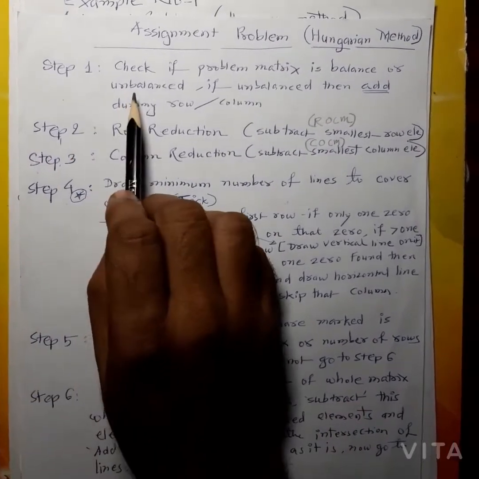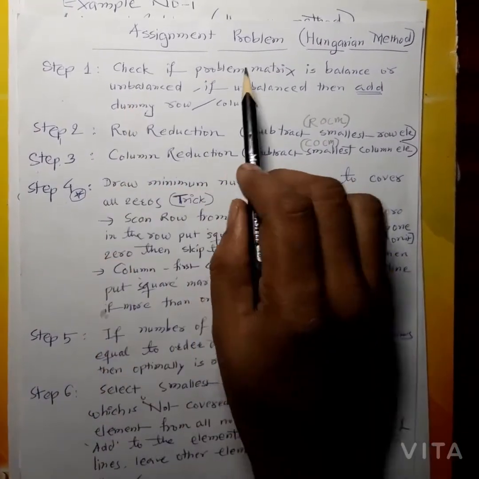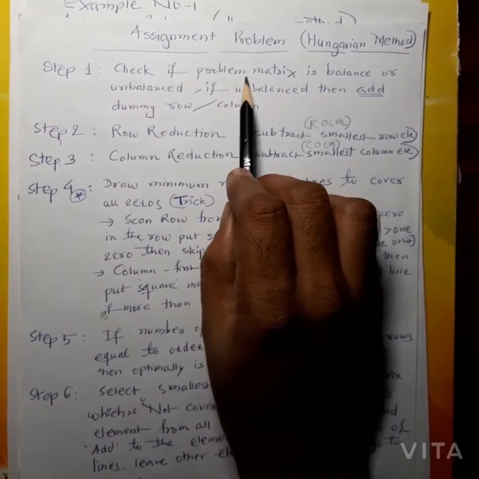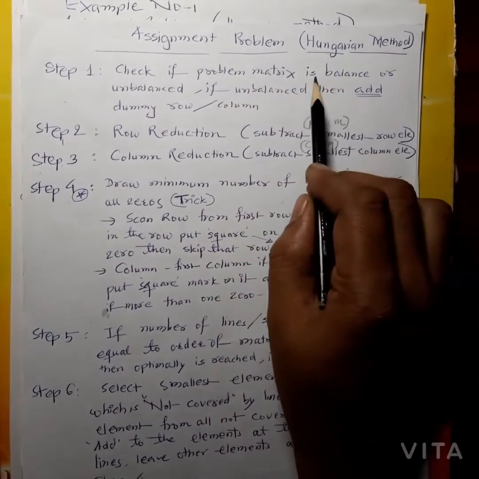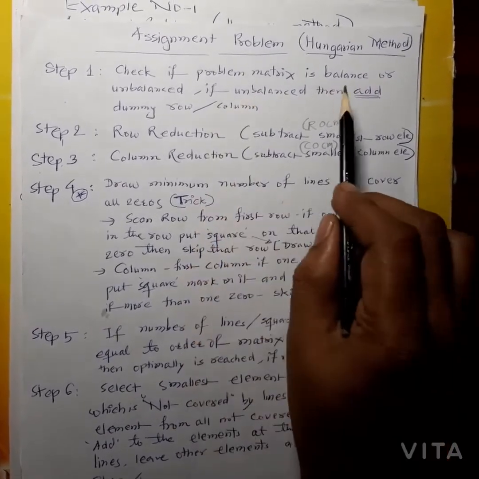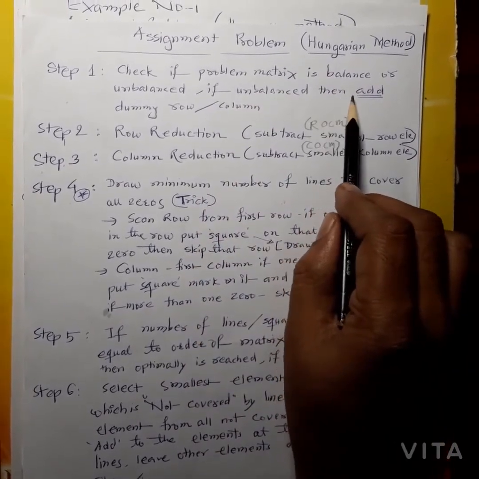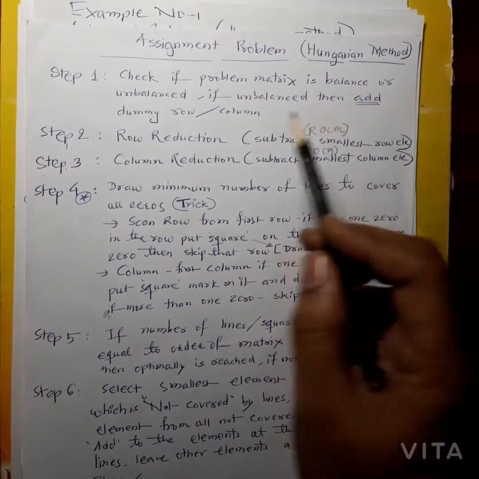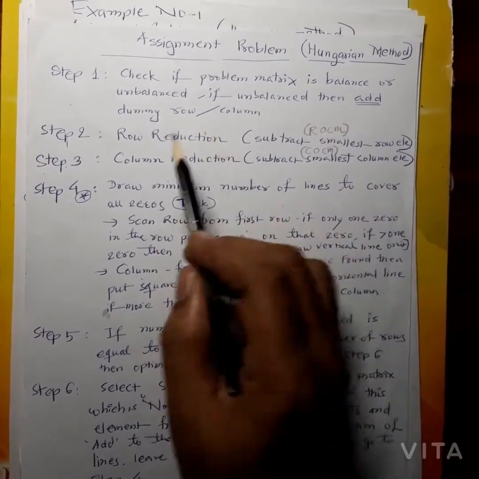In step 1, check the problem matrix or the cost matrix whether it is balanced or unbalanced. If it is unbalanced, then we should make it a balanced problem, that means by adding a row or a column.